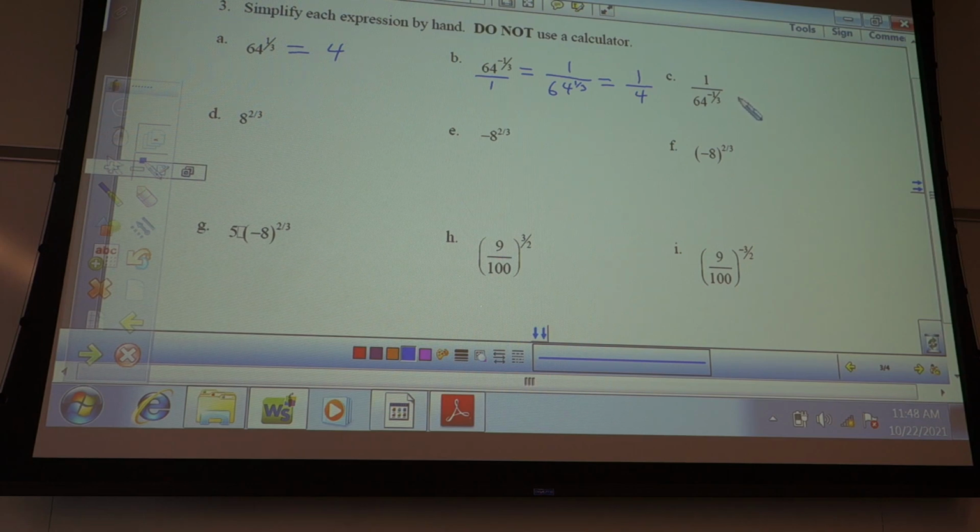Negative exponent, move it to the other side. And then solve it.